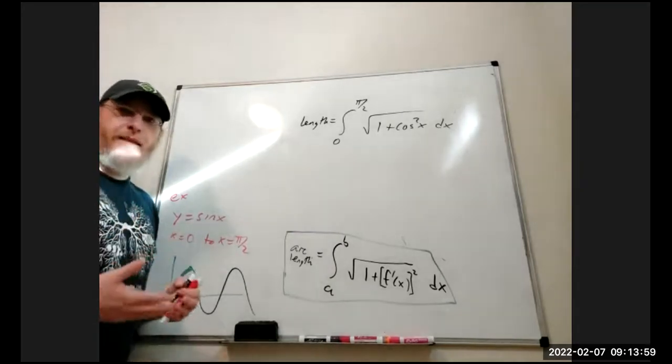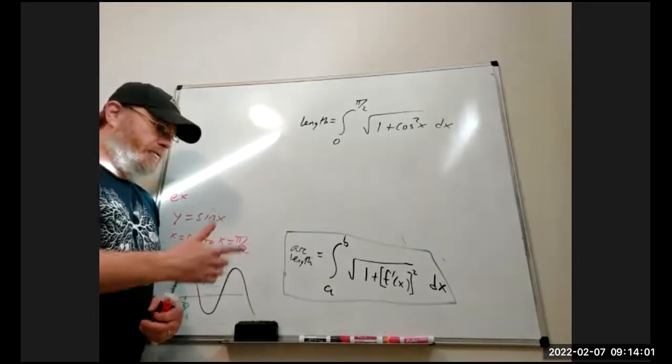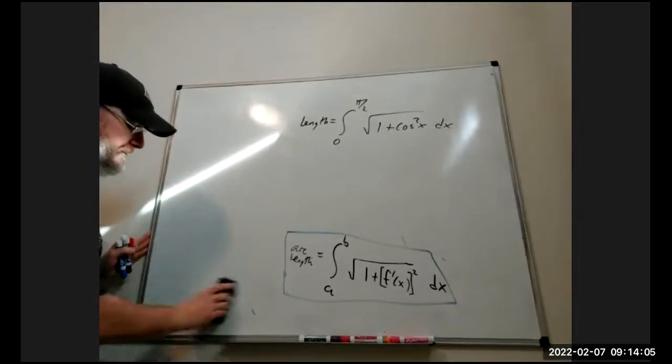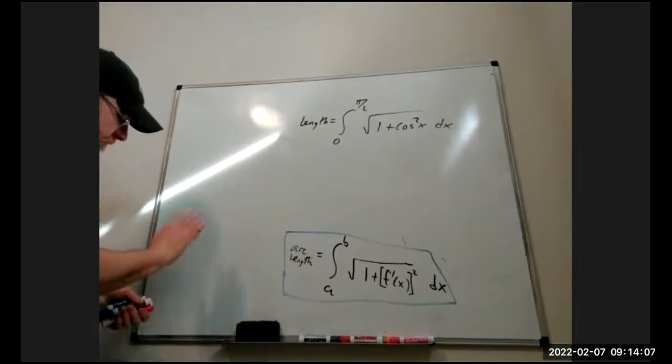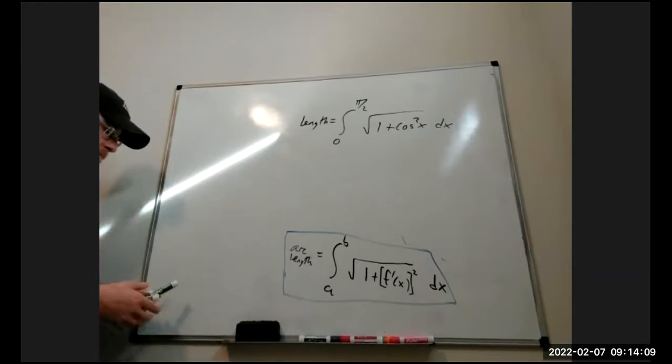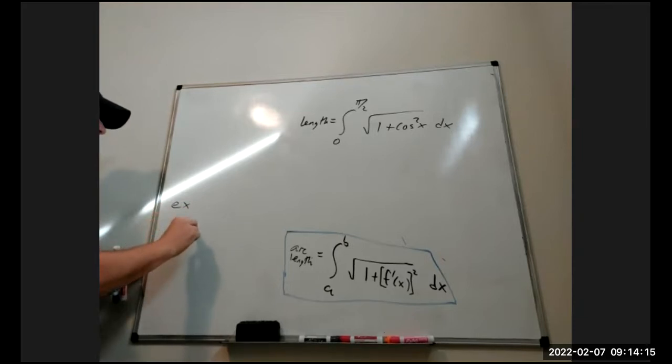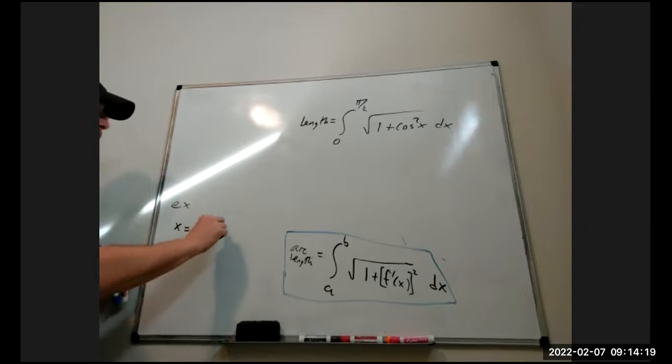When we turn things sideways, sometimes it's a little complicated, right? Like instead of y equals sine of x, what if I had said, let's do exactly the same thing, but this time we're going to look at x equals e to the y plus 2.